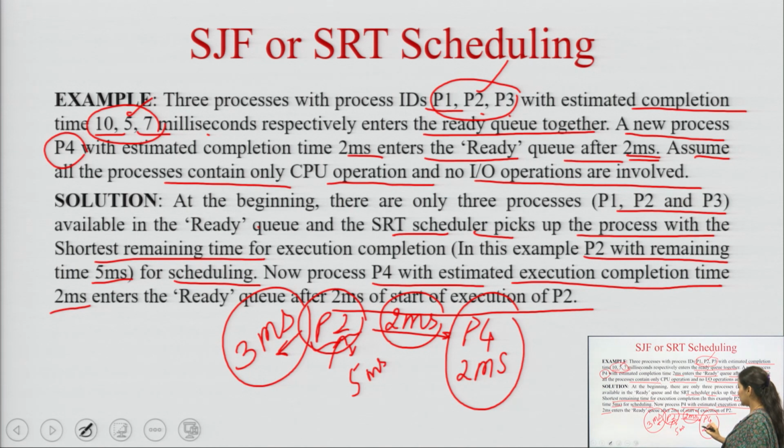Now, when it will compare, it will find that the newly entered task is having the less execution time as compared to the remaining execution time of the ongoing task. So, which task will be now selected? Obviously, the newly entered task.